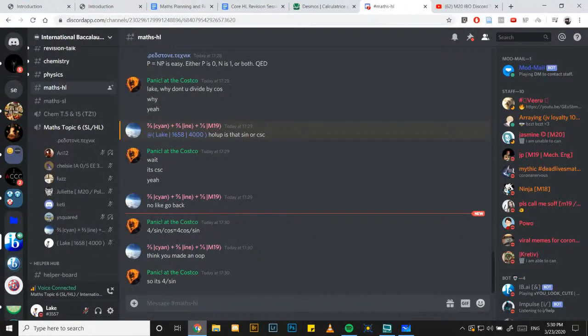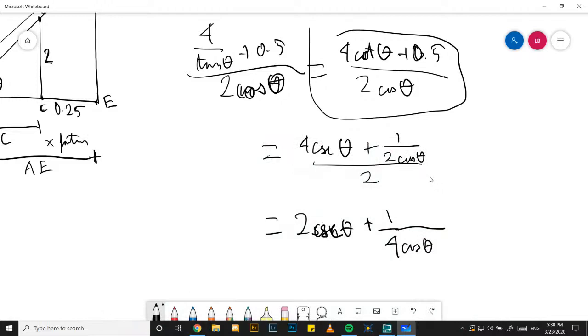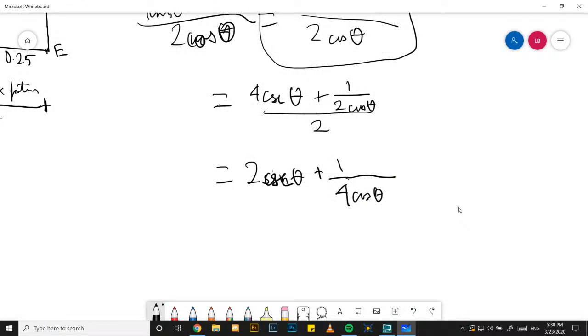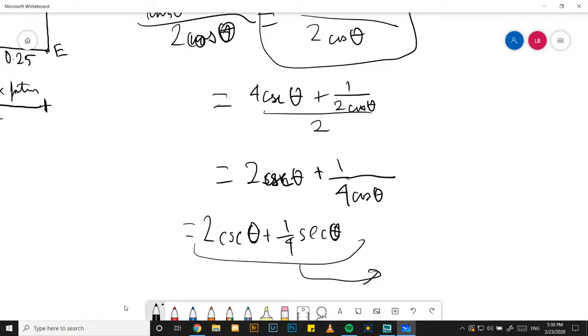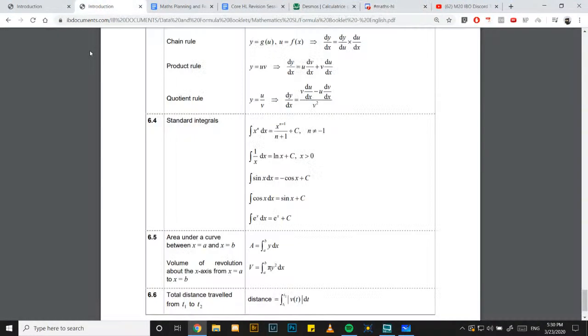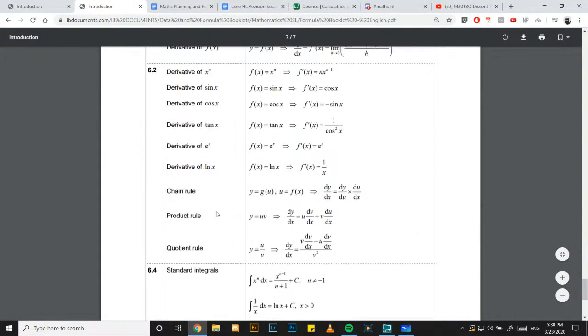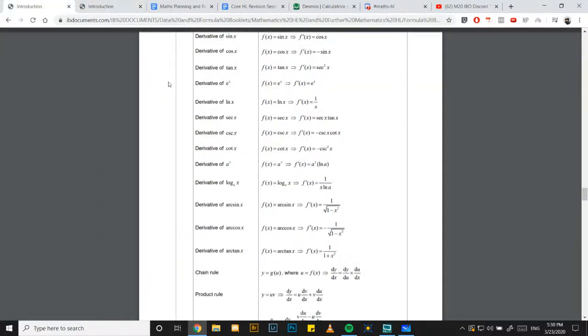I am not in the mood to. Actually, let's do it. It's fine. In the spirit of using the derivative of cosecant theta plus 1/4 secant theta, I'm going to differentiate this. What is the derivative of cosecant theta? This is disgusting.